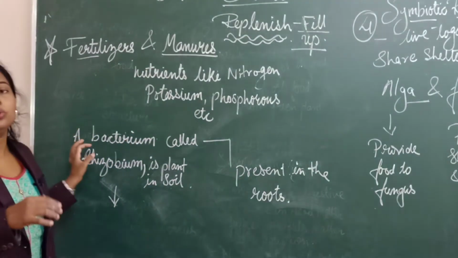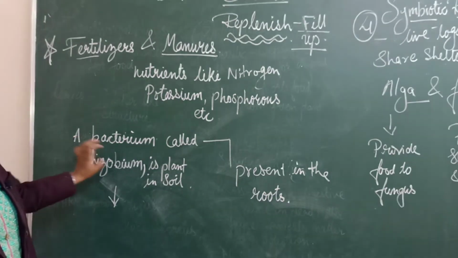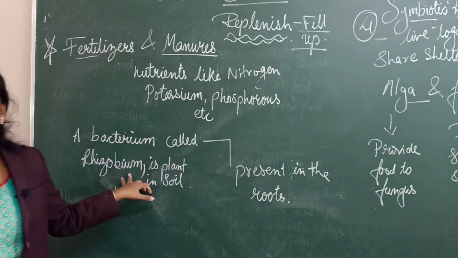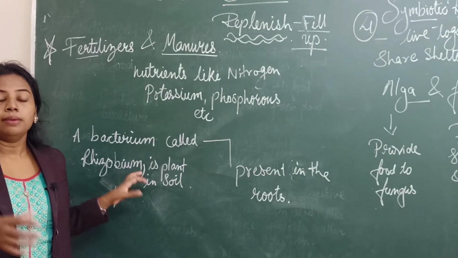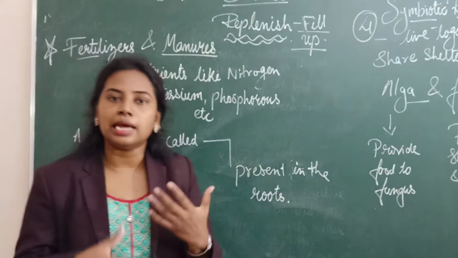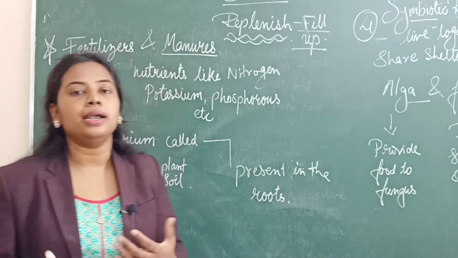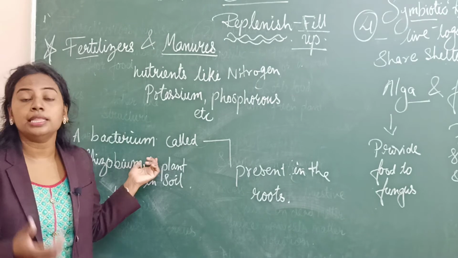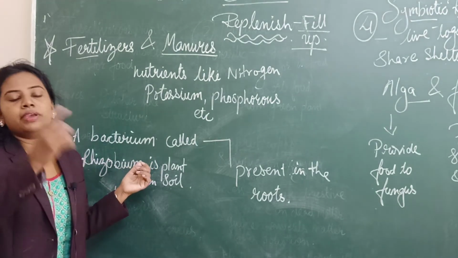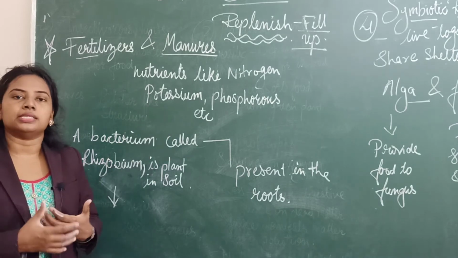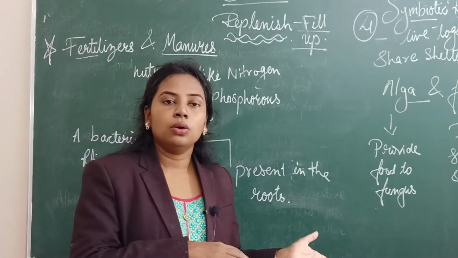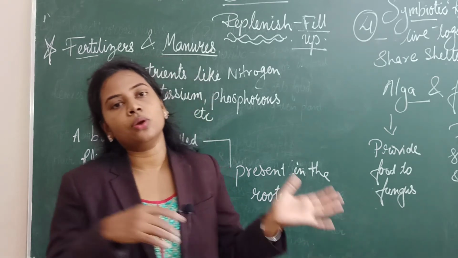And how can we do it? See, there is a bacterium called rhizobium. Rhizobium bacteria is present in the soil, for the growth of roots. It helps the plant grow and is beneficial for the soil. That is why farmers do not always grow the same crop; alternately they change their crops, sometimes kharif crops, sometimes rabi crops.